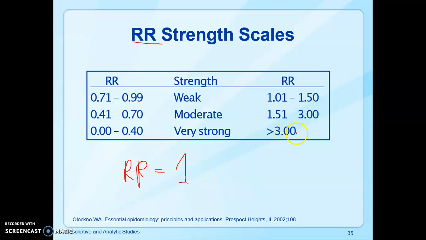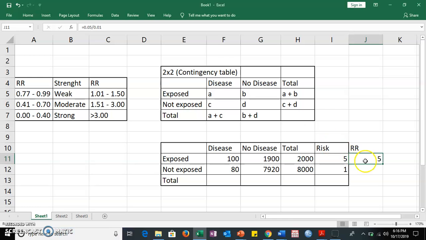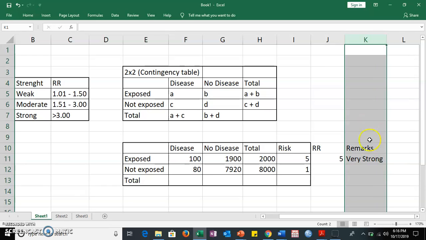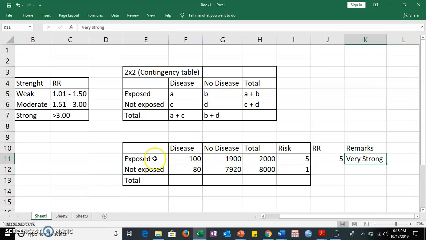Pag above 3 is very strong association. So, sa atong case, 5 atong RR, very strong. So, we have a very strong association between exposed and unexposed.